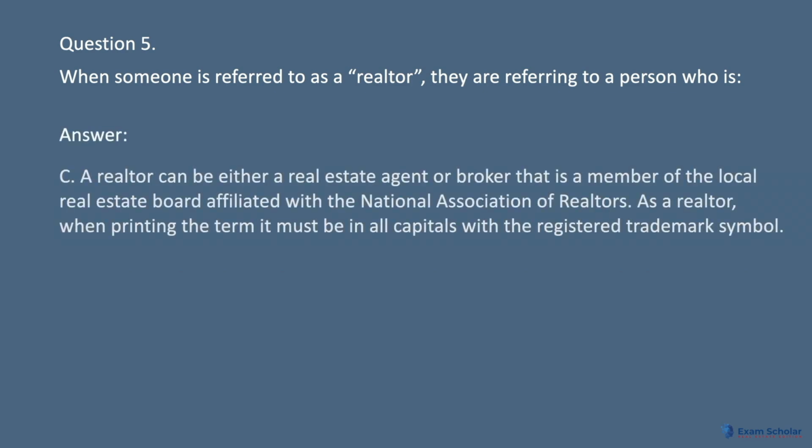Answer: C. A realtor can be either a real estate agent or broker that is a member of the local real estate board affiliated with the National Association of Realtors. As a realtor, when printing the term it must be in all capitals with the registered trademark symbol.